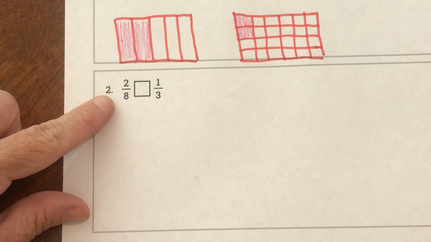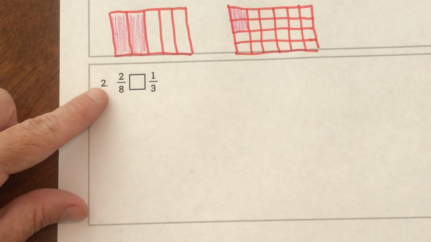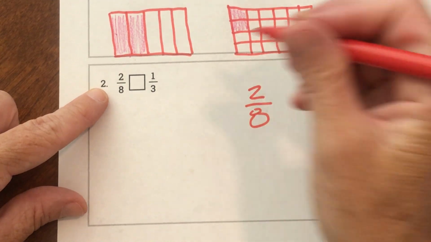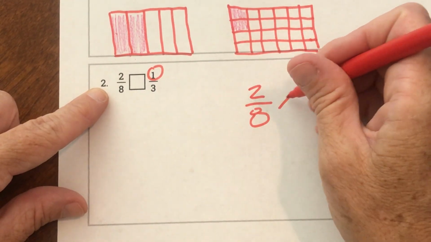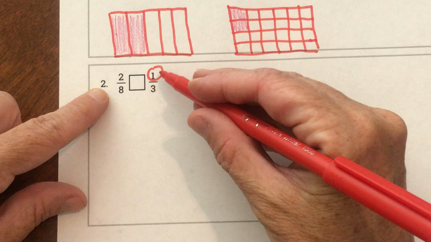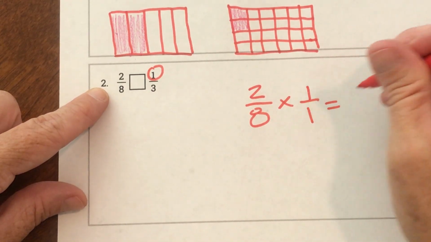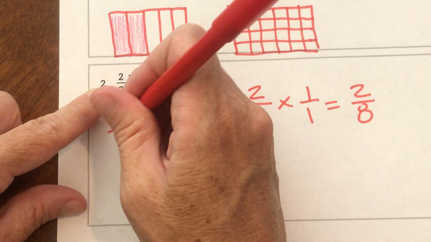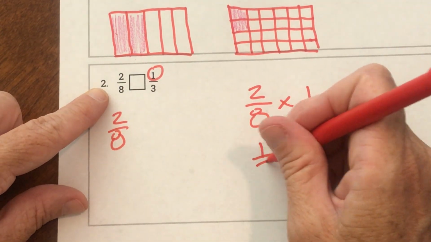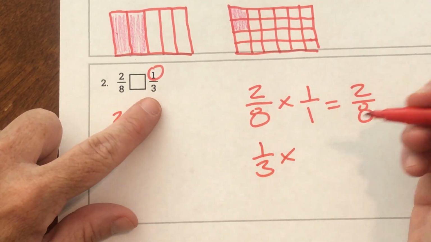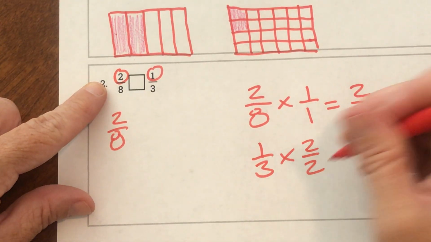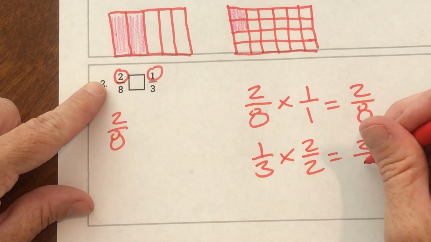Okay, so let's look at another one. 2/8 compared to 1/3. If I have 2/8, I'm going to multiply it by a fraction equal to 1 using the opposite numerator, which gives me 2/8. That didn't change. And then 1/3, I'm going to multiply it by a fraction equal to 1 using the opposite numerator, and I get 2/6.